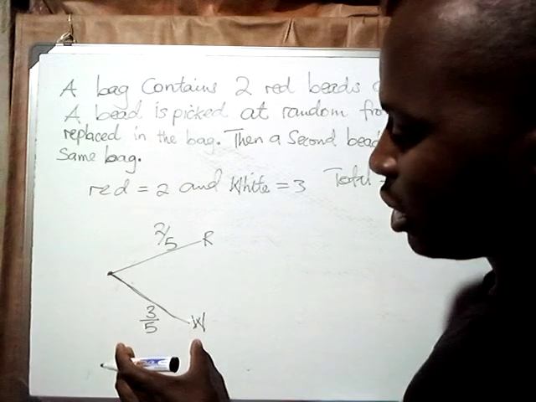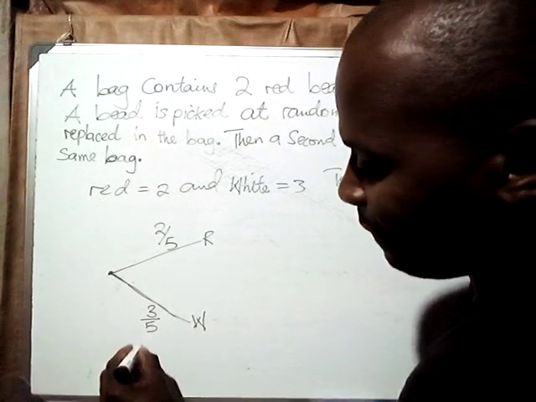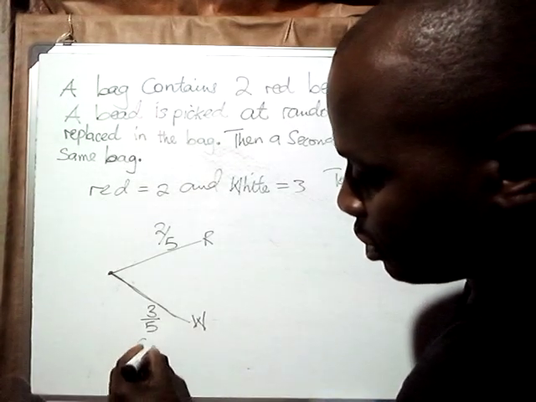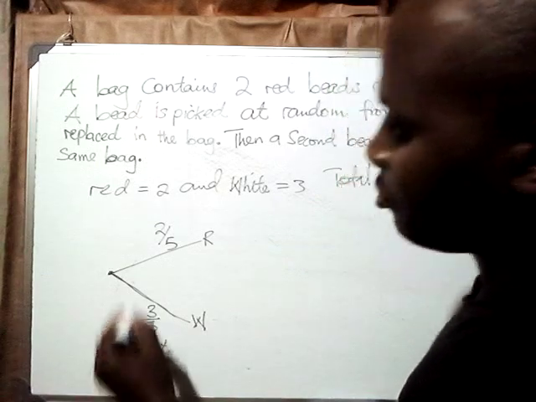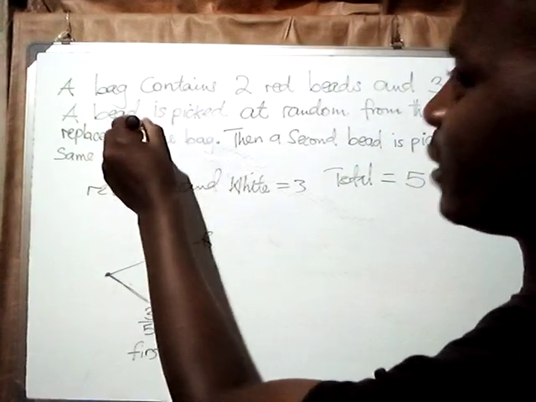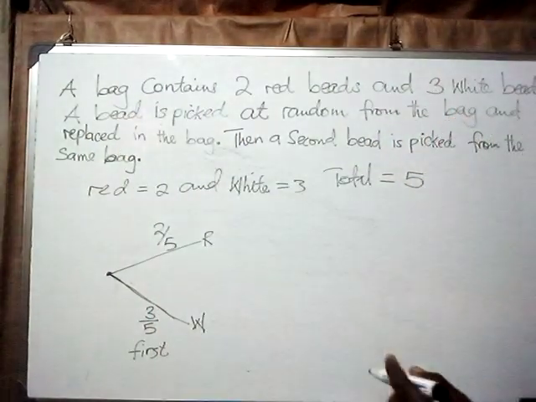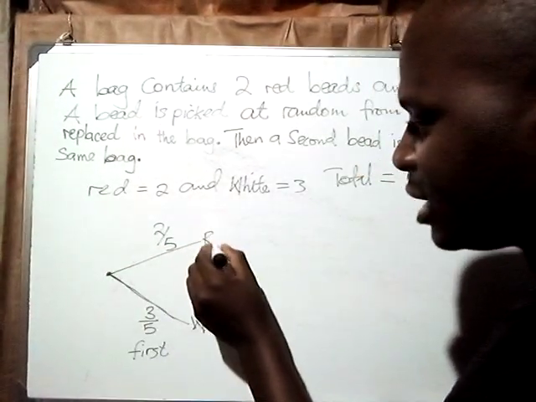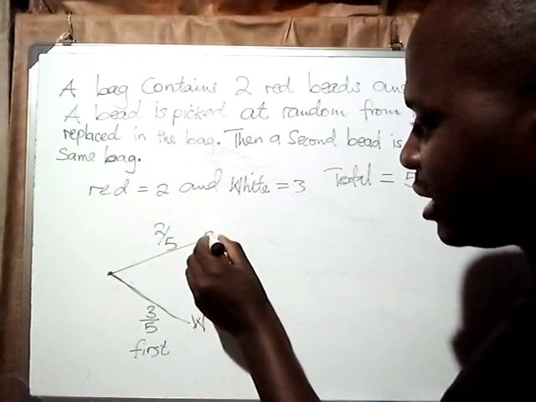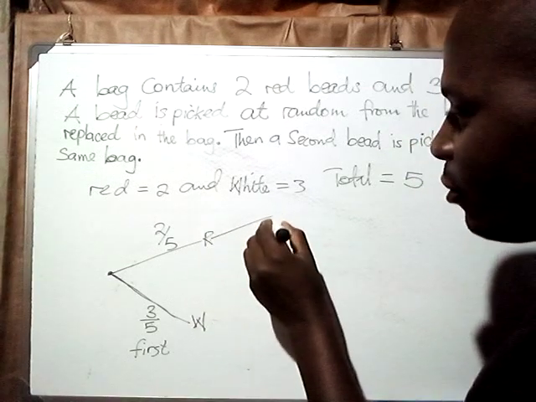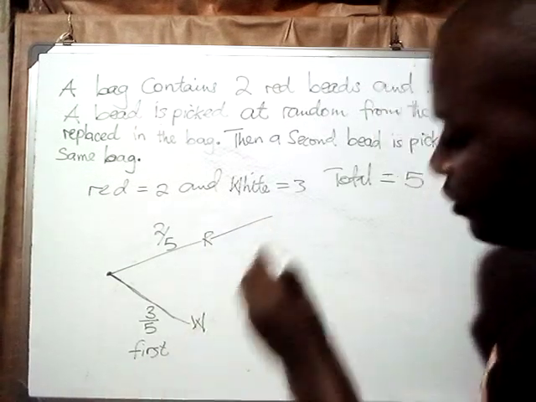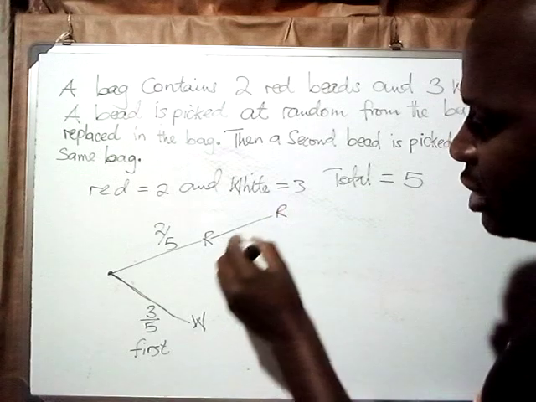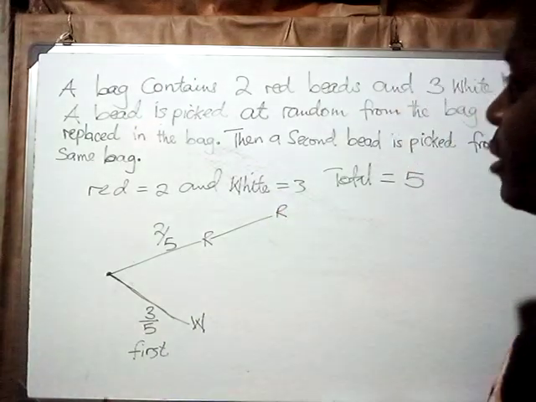Now, this is the first event. Okay, now let's go to the second event. Since this branch is for red, this line will just be for red also. Even that line will be for red. What is the second event?